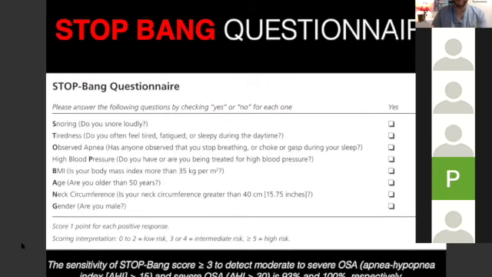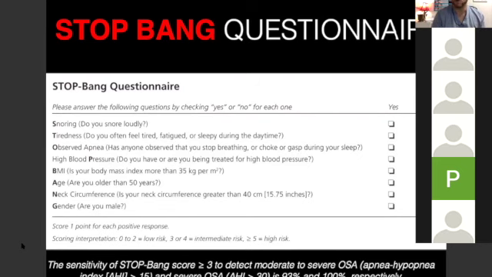if you have greater than 3 to detect moderate to severe OSA, the sensitivity of STOP-Bang score of greater than 3 to detect moderate to severe OSA and severe OSA is 93 and 100%. So in other words, you're not going to miss severe OSA with this questionnaire. That's sensitivity. Will you miss the disease?